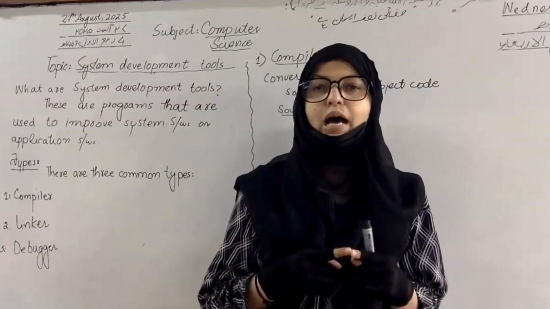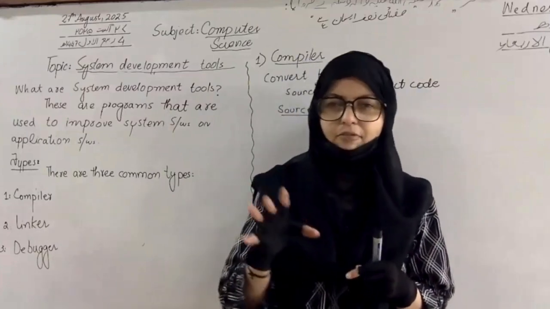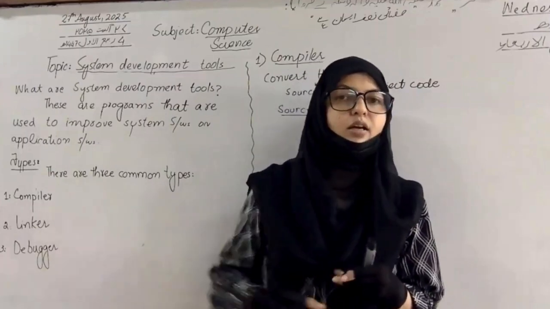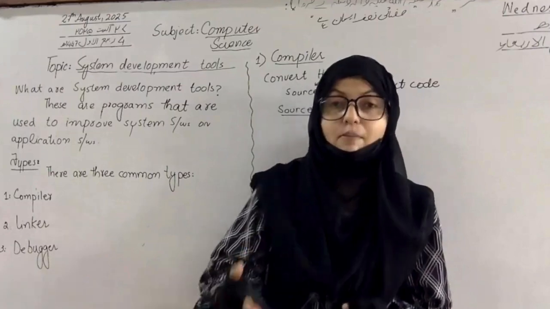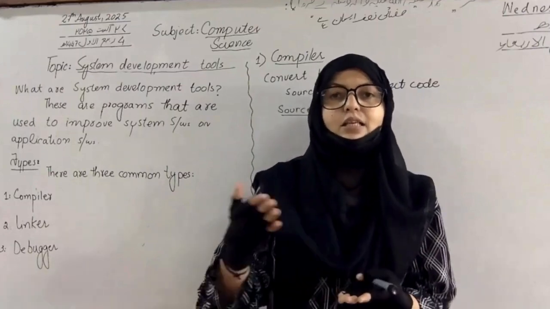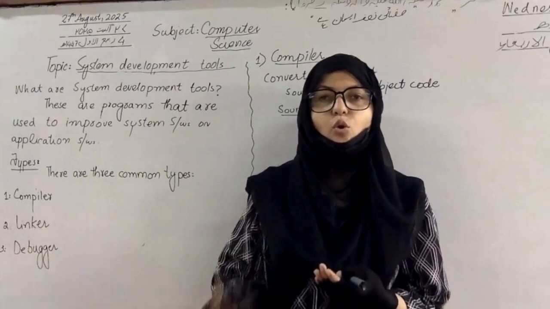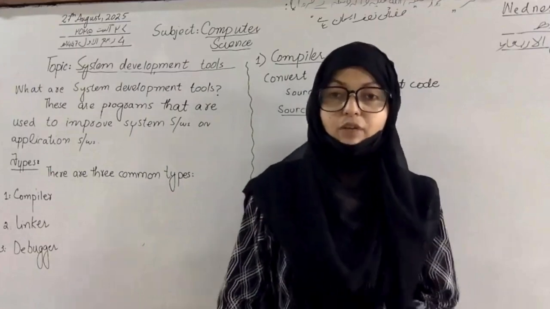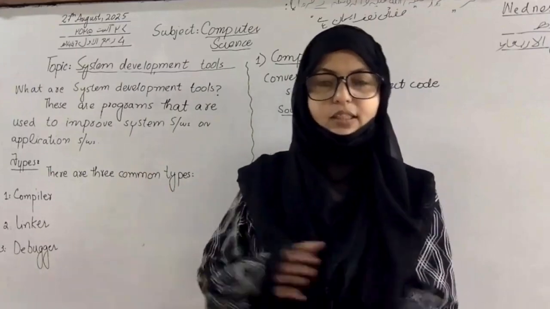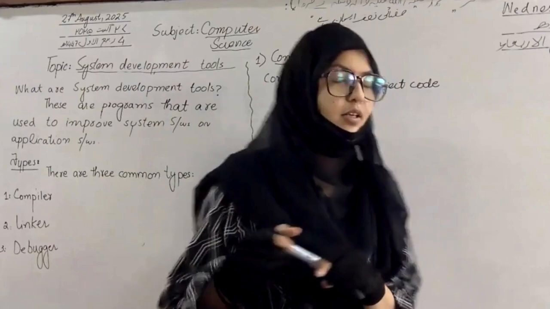Maybe you have learned somewhere or heard from somewhere that there are different types of programming languages, like C, C++, HTML, .NET. These are all computer programming languages, which you will be able to learn if you stay in computer science.